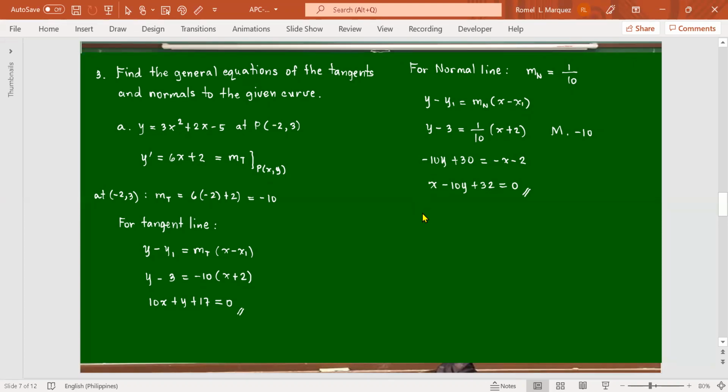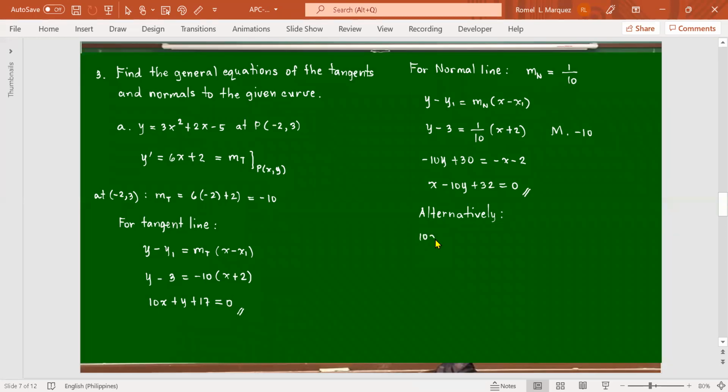Now, another way to find the normal, alternatively, for the normal, we are going to copy the coefficients of x and y, but you have to interchange them from the tangent.